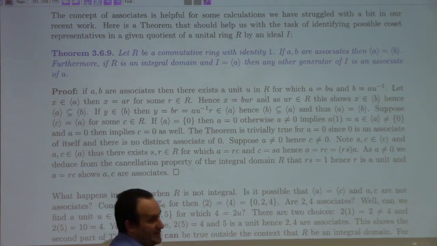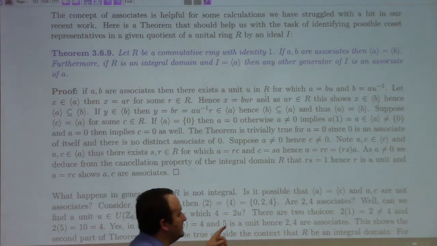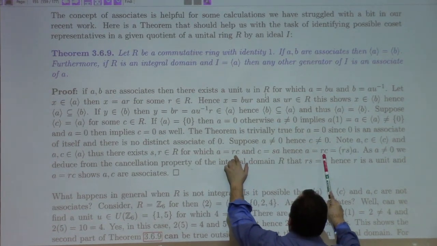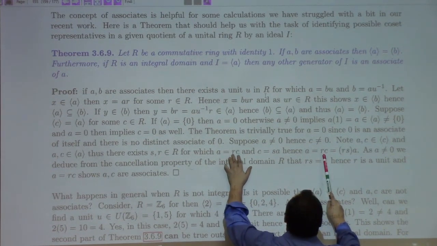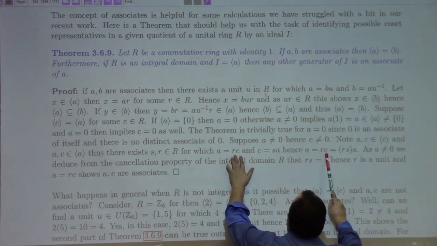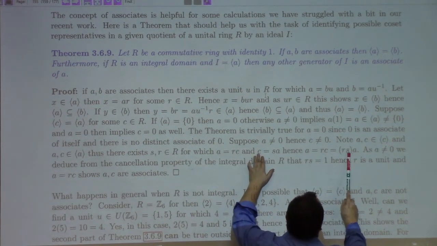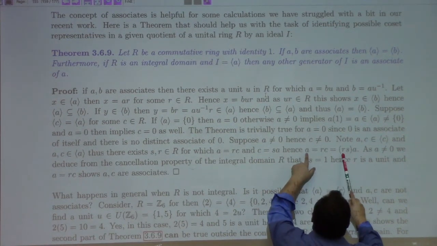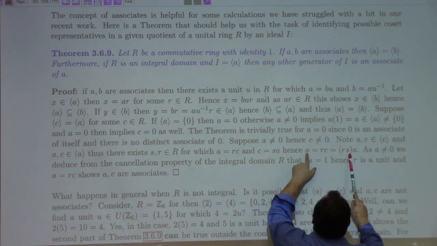And so then we can play the cancellation game again. So we have A is equal to RC, but I'll trade my RC for, what do I do here? Oh, I trade my C for SA. And then, what do I got? Oh, and then I could write A as like 1 times A, right?